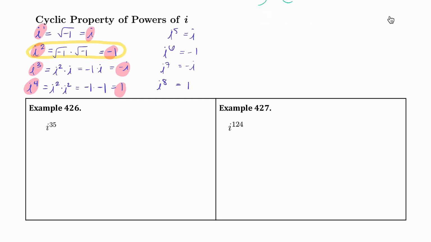So if we have really high powers, like i to the 35th, we really don't want to have to write this out 35 times and see what we end up with. So we're going to use the fact that it's cyclical in groups of 4 to help us. We're going to divide our exponent by 4 and use the remainder.